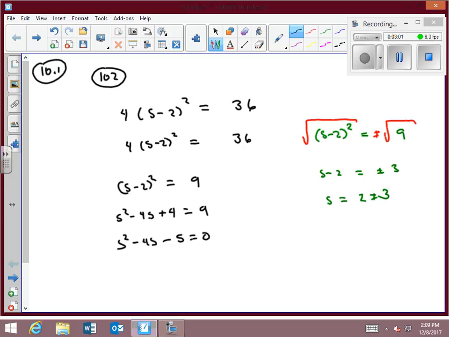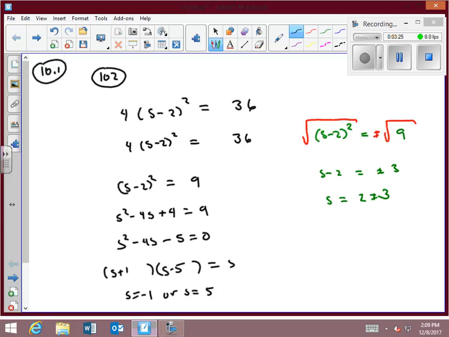And then you'd say, well, it's a trial and error factoring, if you recognize that. And you'd say this is s plus 1 and s minus 5, and therefore s equals minus 1 or s equals 5.